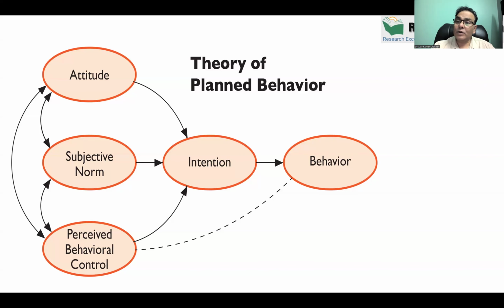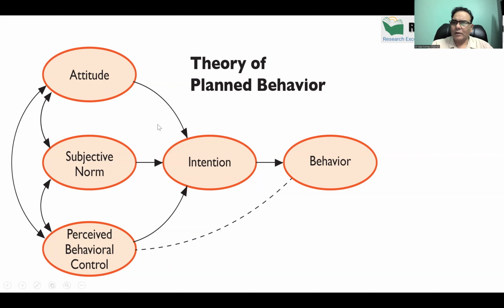Similarly, entrepreneurial intention and opening a startup is a planned behavior. No person opens a startup suddenly, there is full planning before the startup is opened. So all the planned decisions are explained by this theory of planned behavior.